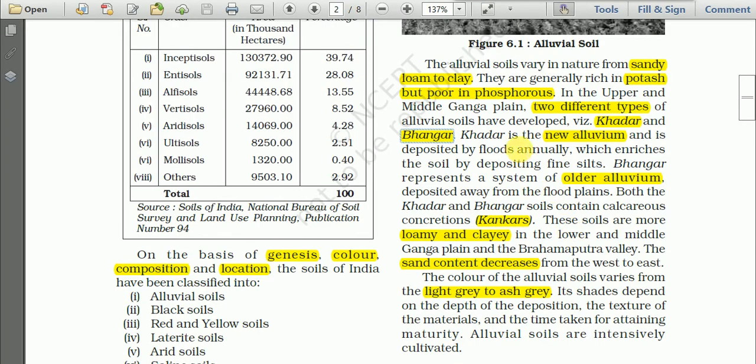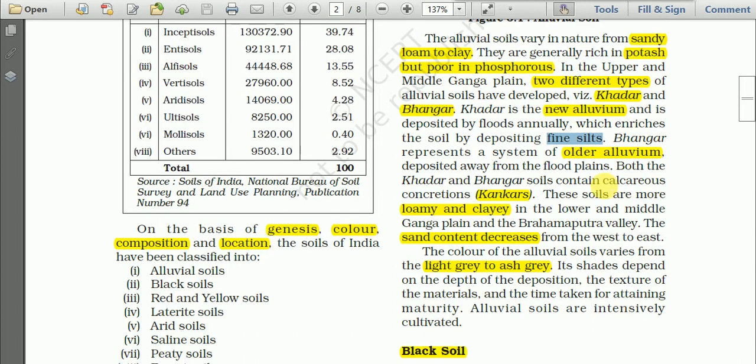The Khadar is the new alluvium, and it is deposited by floods annually, which enriches the soil by depositing fine silt. And Bhangar represents a system of older alluvium deposited away from the floodplains.